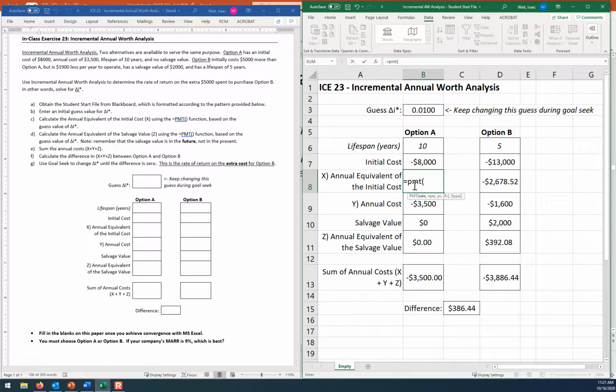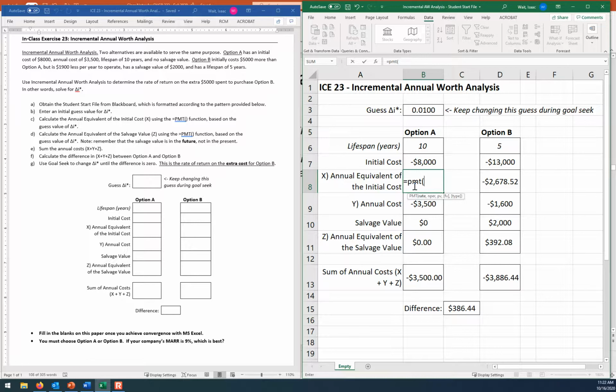So remember, if you're thinking about the factors that you could put into a paper solution, you would be thinking if you know the initial cost and you want to find the annual equivalent, that's find A given P. And so here, the way that Excel handles a find A given P is with the PMT function. So once we put that parentheses in, it begins to give us prompts below the formula of what it needs to see in order to do its calculation.